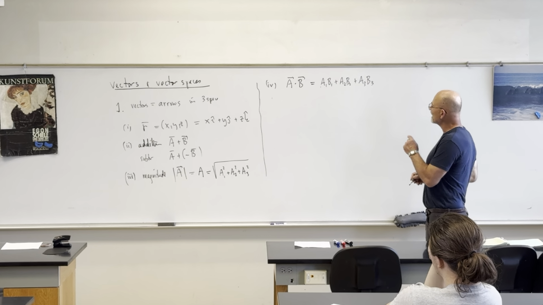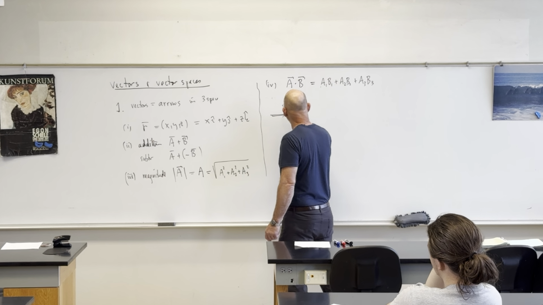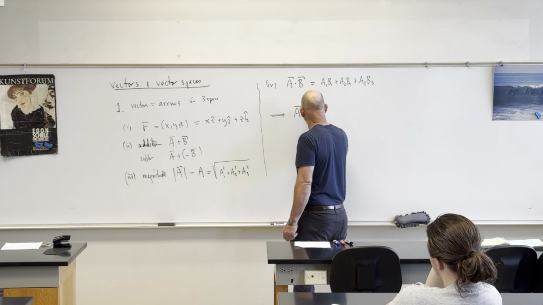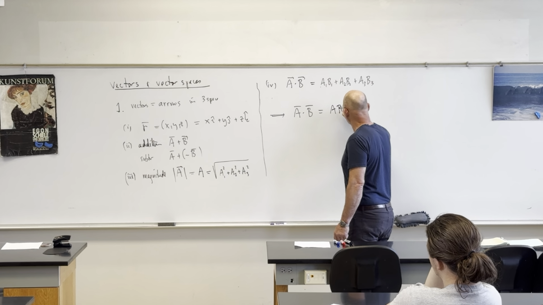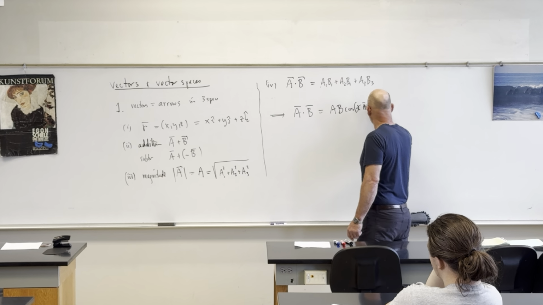And if you define it like that, then you could show that this is equal to the product of the magnitudes times the cosine of the angle between A and B.